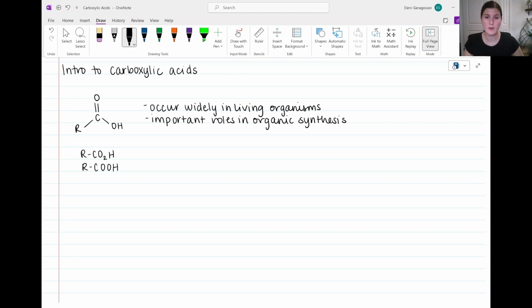And we'll talk about molecules or organisms that contain carboxylic acid molecules and the carboxylic acid role in organic synthesis as we go along through this unit. We're going to start with nomenclature. So how do we name these molecules?